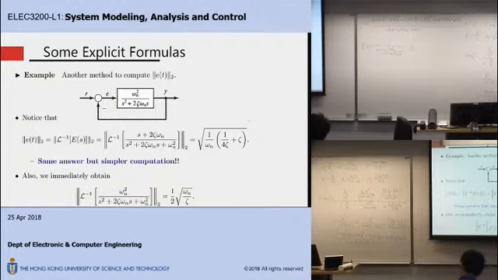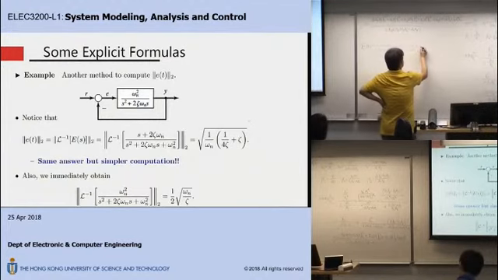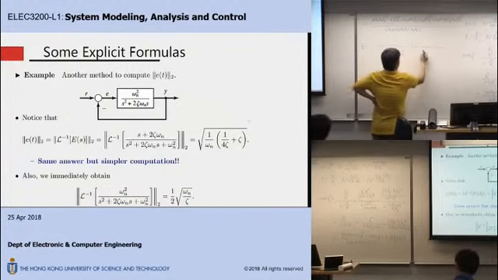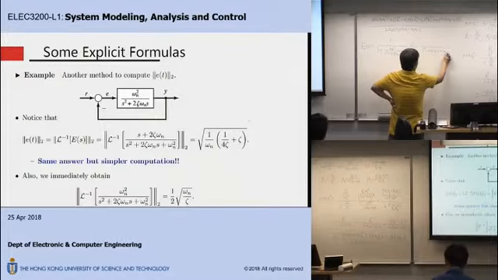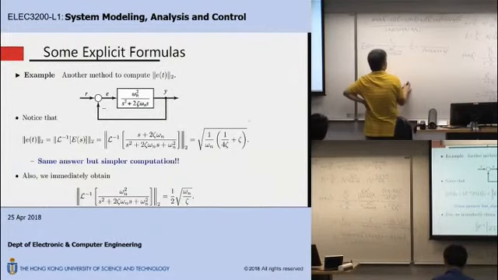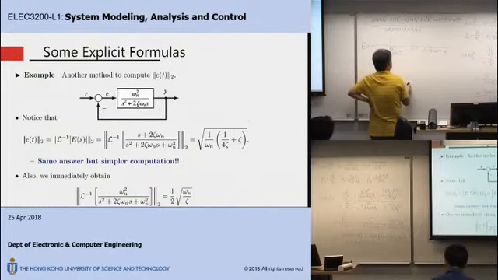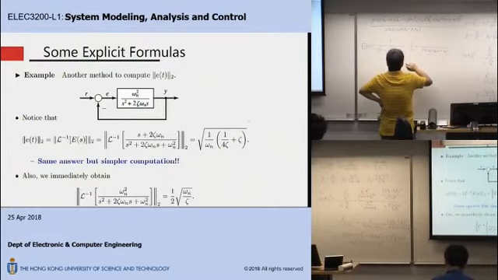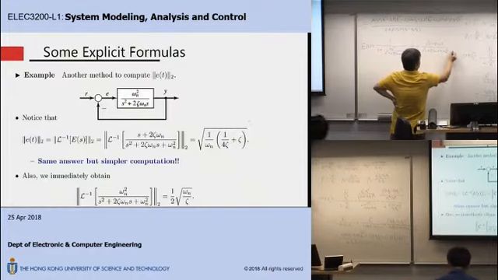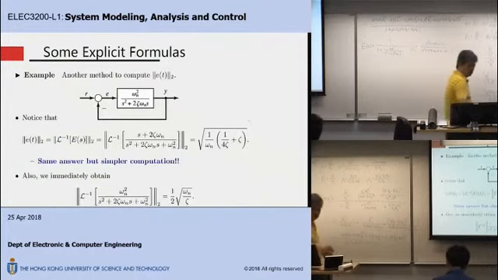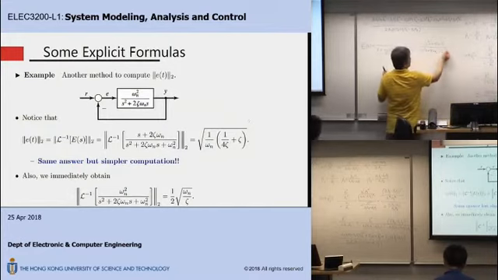It's the Laplace transform of E. This is equal to s squared plus 2 zeta omega n s over s squared plus 2 zeta omega n s plus omega n squared, times 1 over s. Again we cancel this s with this s.